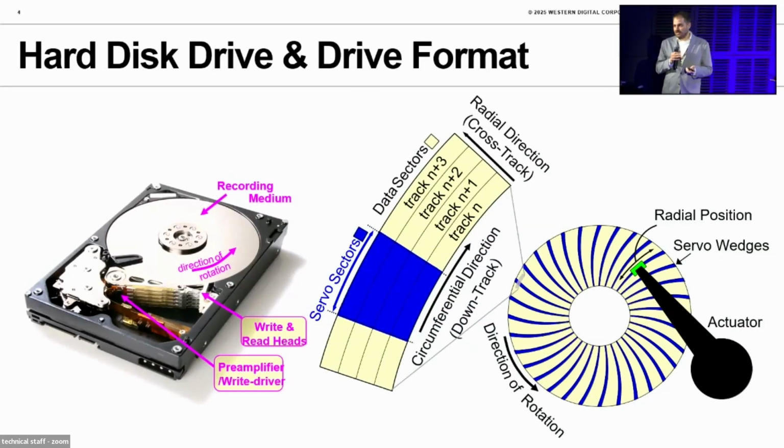Now, the way it's patterned on the media, obviously we have a rotating technology, so we have to know where we're at on that particular media. So we write down servo index marks, or servo sectors. That tells us where our positioning is, from the inner diameter to the outer diameter. So we have a loop system that we can use our actuator with to position ourselves anywhere on the disk, as well as hold our position down that track so we can write or read.